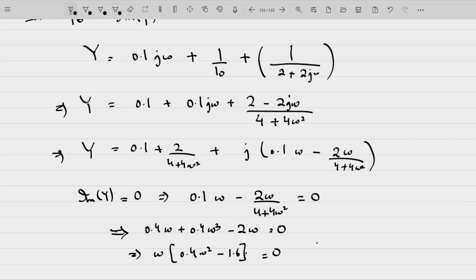Omega can either be equal to 0 from here, which is very unlikely, and another value of omega we can obtain is by equating 0.4 omega square minus 1.6 equal to 0, which implies omega square is equal to 1.6 divided by 0.4.